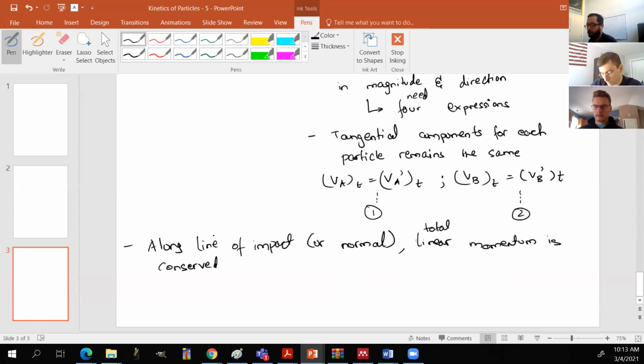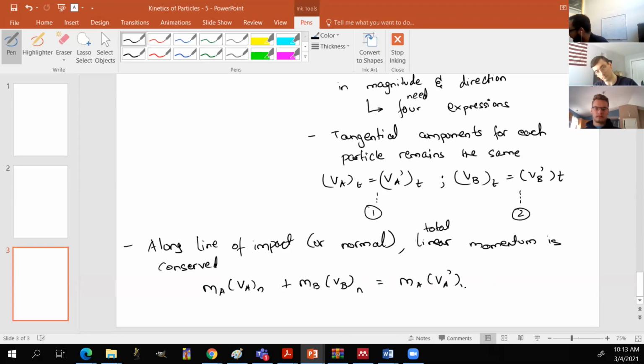Oh, okay. Thanks. So again, writing out everything in scalar form, I have MA times my VA along the line of impact, along the normal direction, plus MB times my VB along the normal direction, is equal to MA times VA prime, the component I have in the normal direction, plus MB times VB prime in my normal direction, right?